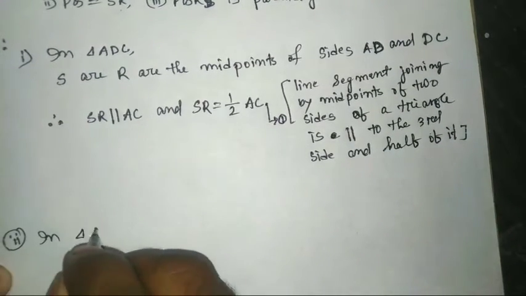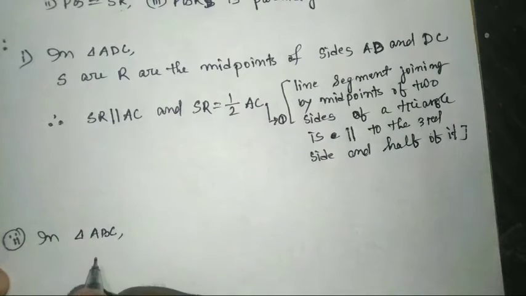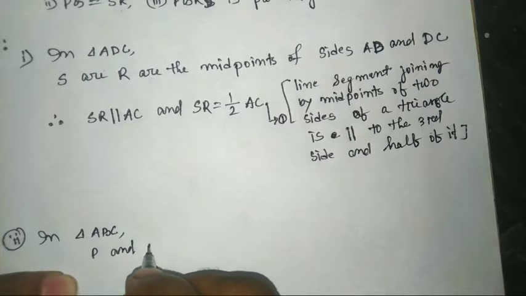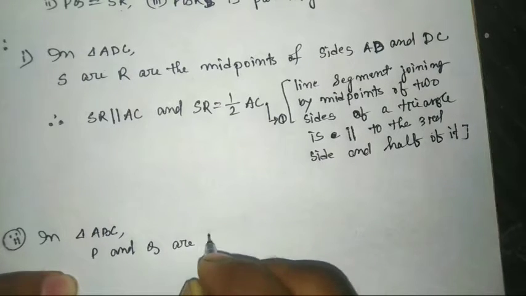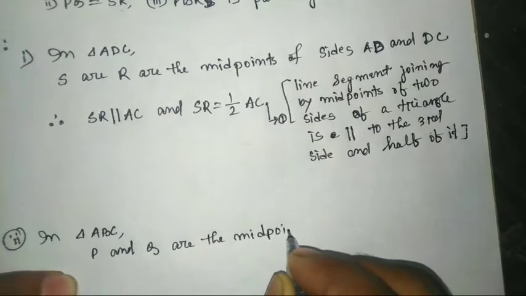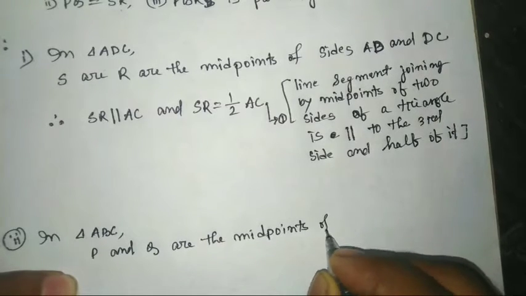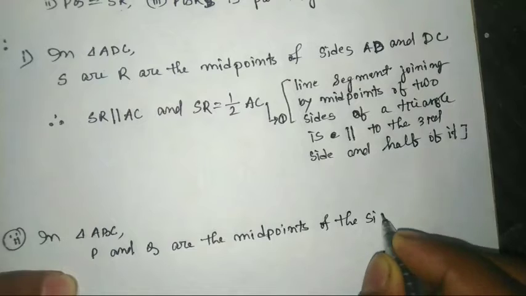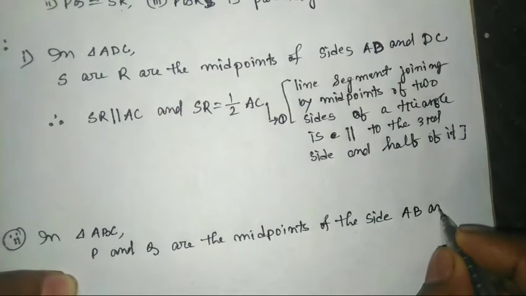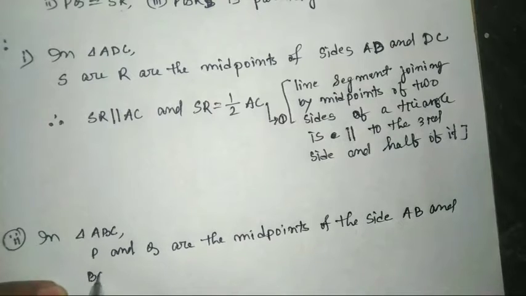So we can write, in triangle ABC, P and Q are the midpoints of the sides AB and BC.